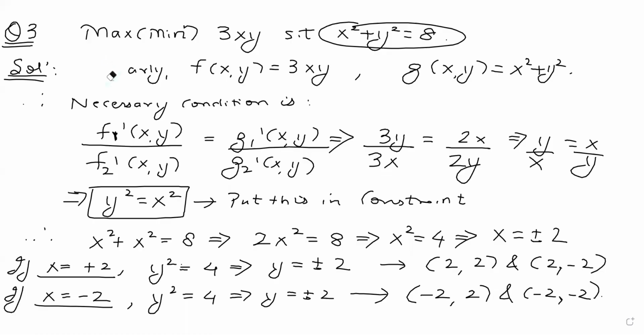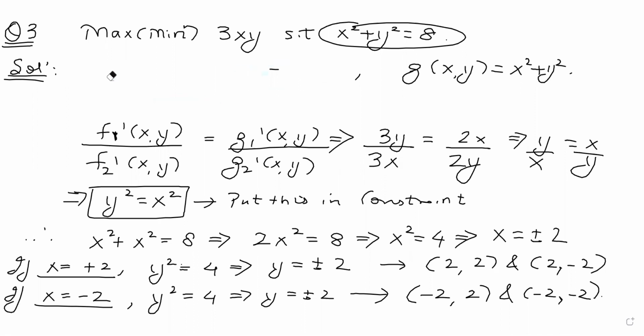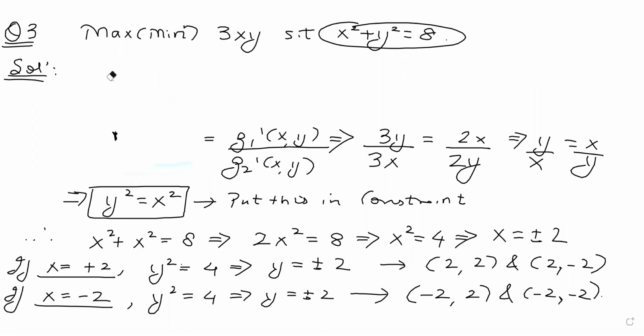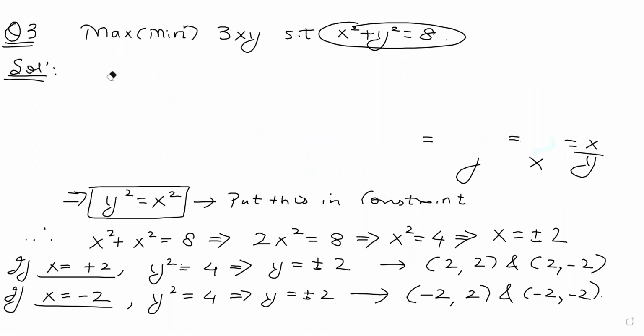So I can erase the initial part. All I have to do is to plug in these values in the function. Okay, so I erase this particular part. We are going to plug the values in the function. So our function is what? F of xy. And so let me make the proper table.